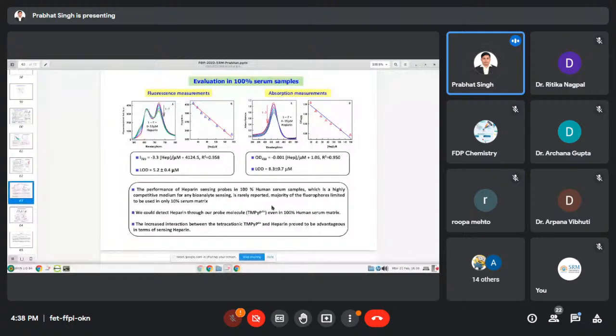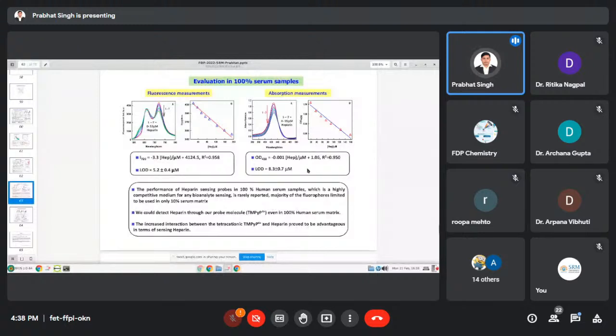It was a synthesized molecule which has only a turn-off response and only changes in the absorption. No emission features, nothing. Only absorption changes were there, and they could report in 100% serum samples, and their LODs were somewhere around 11 to 12 micromolar.